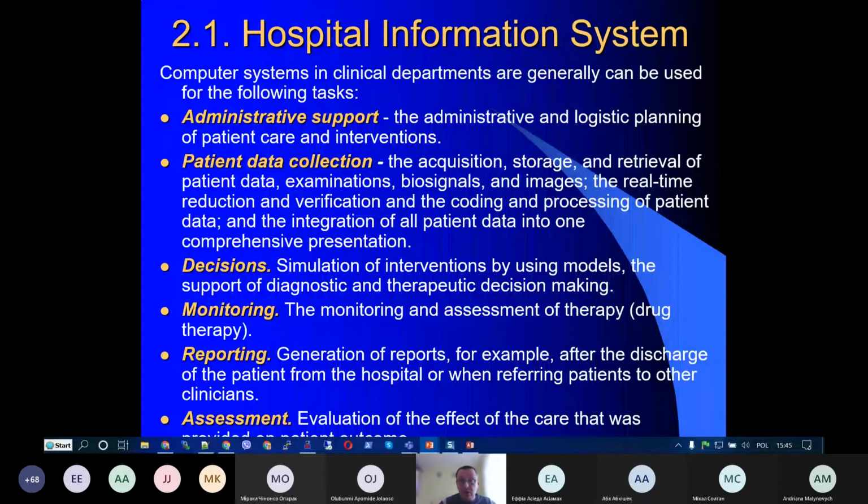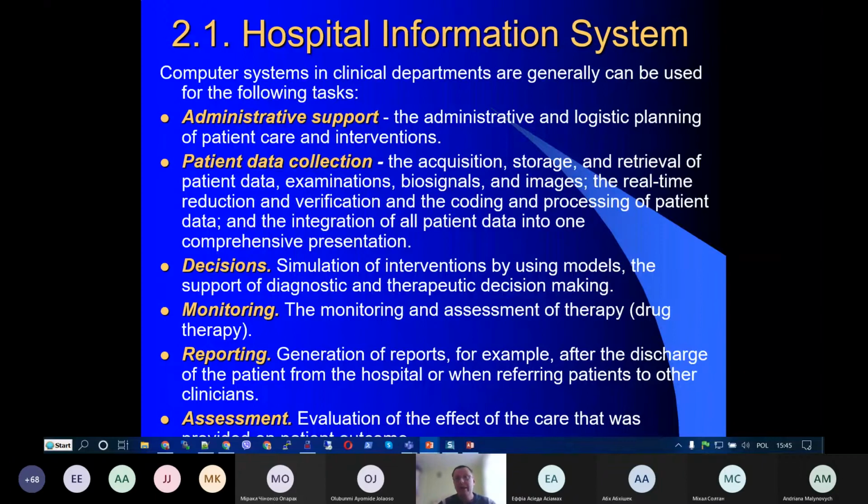If we want to turn our system into a clinical information system, we have to move the first point, administrative support, down and place it, for example, at least below decision or even maybe monitoring.